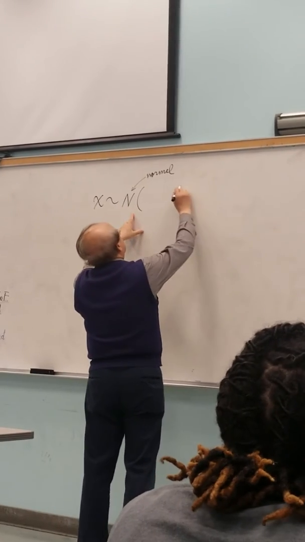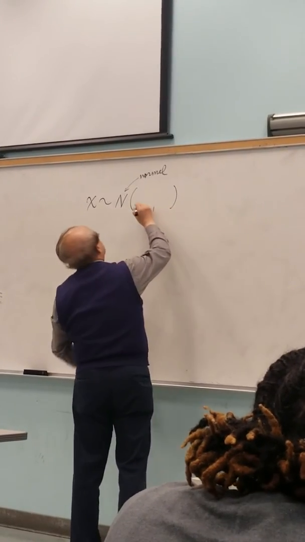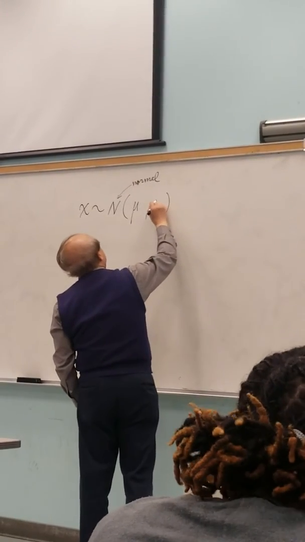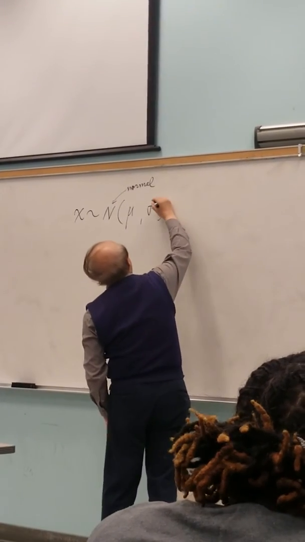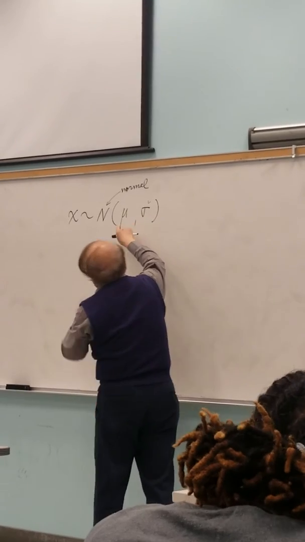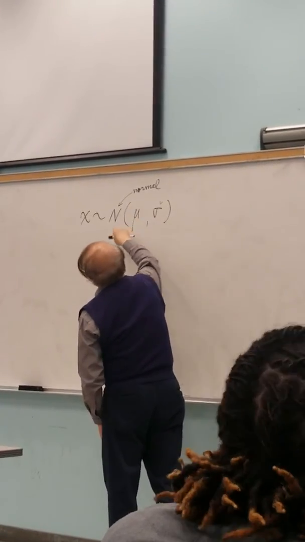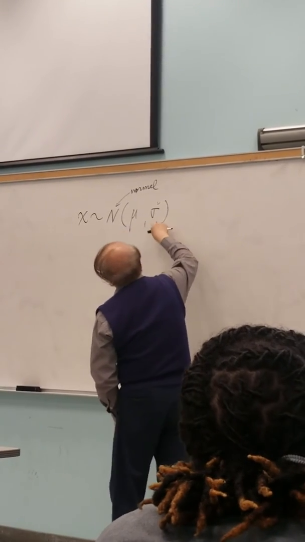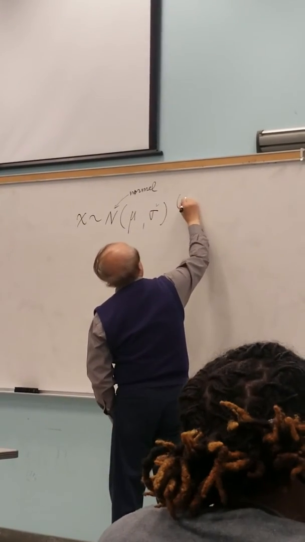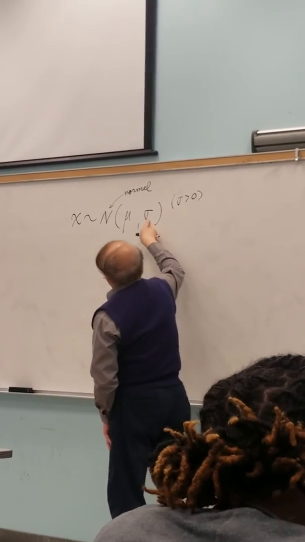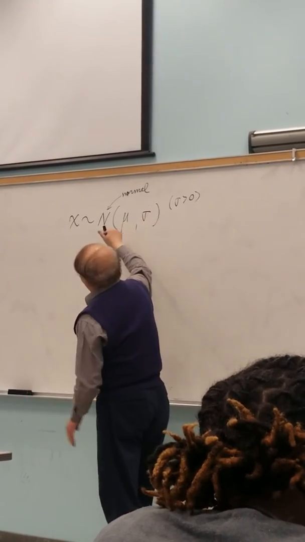Because the distribution is determined by two numbers, first number mu, second number sigma. Remember, sigma must be positive. The mu can be whatever. Positive okay, negative okay, depends on the nature of the random variable. But sigma must be positive. Standard deviation must be positive. This one can be whatever.